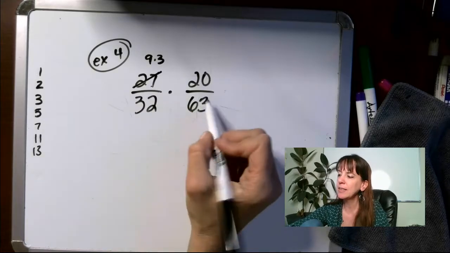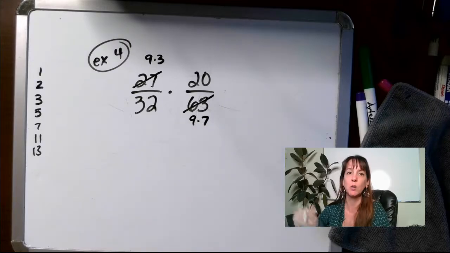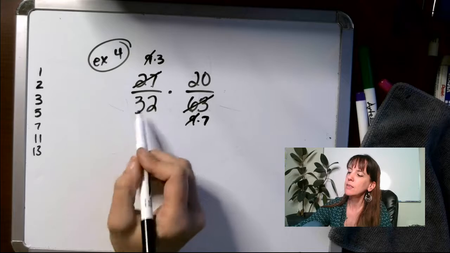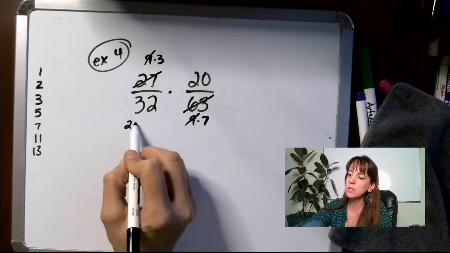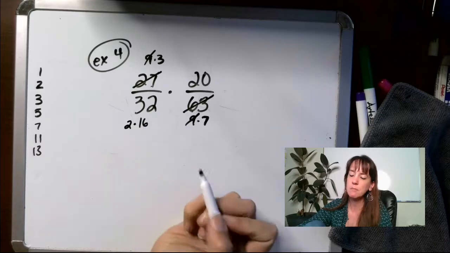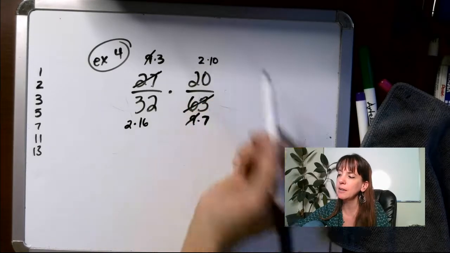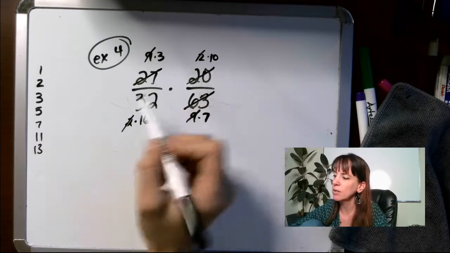Over here, this can be 9 times 7, right? Well, yeah, we can get rid of some 9s. Bam, bam. Good deal. This guy can be, let's say, 2 times 16, right? Well, this can be 2 times 10, right? Well, there's that. Okay, oops, I gotta cross these guys out too.